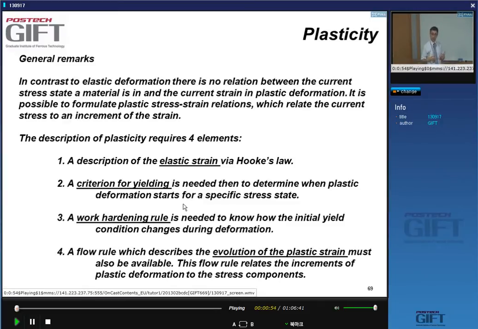And we also need a flow rule, a flow rule that describes the evolution of the plastic strain during the deformation. And we'll see that this flow rule in the case of plasticity will connect plastic strain increments to the stress.